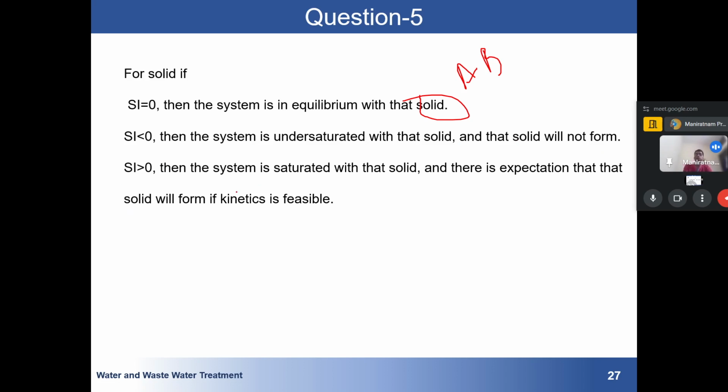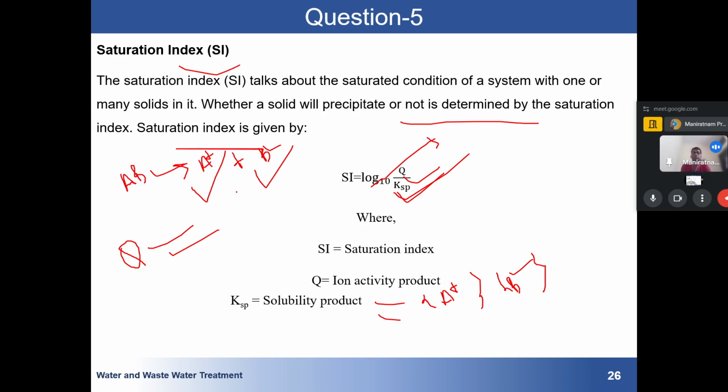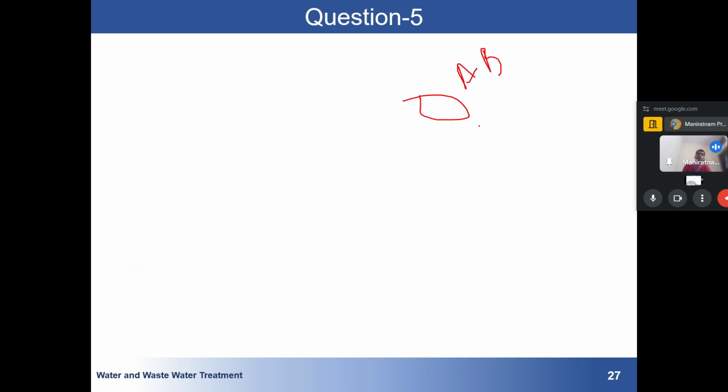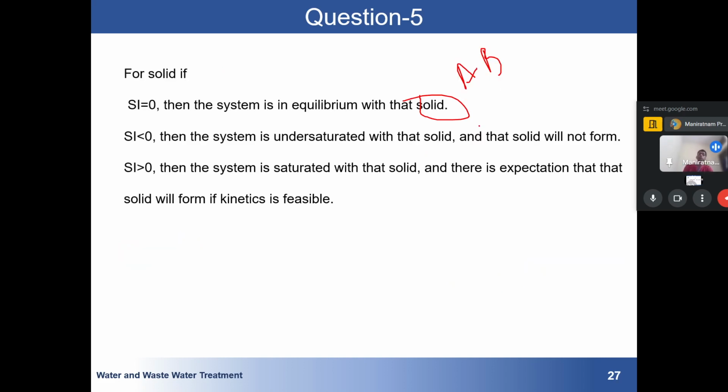When SI is greater than 0, the system is supersaturated with this solid. You have already added too much A and B, so obviously the concentration of A and B will exceed the KSP.